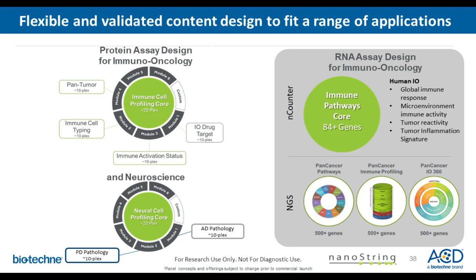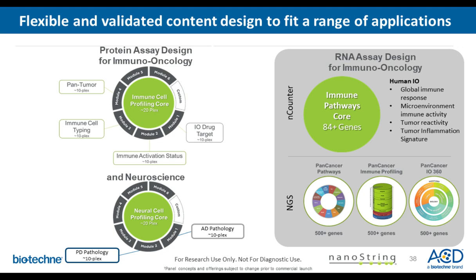So one of the expansions and flexibilities of the platform is that, if you recall, you collected those DNA barcodes into a plate. You can hybridize those to the nCounter barcodes and analyze them on the nCounter. But you can also take those and make sequencing libraries.